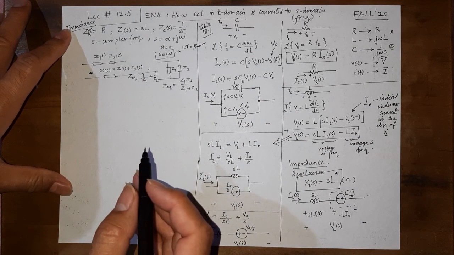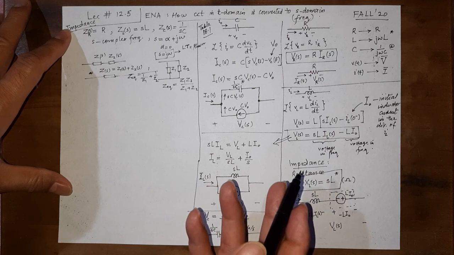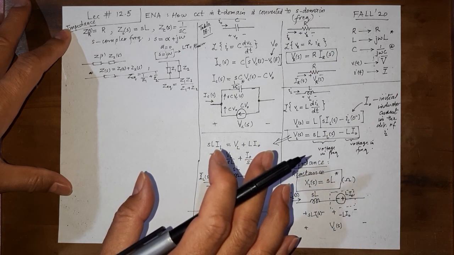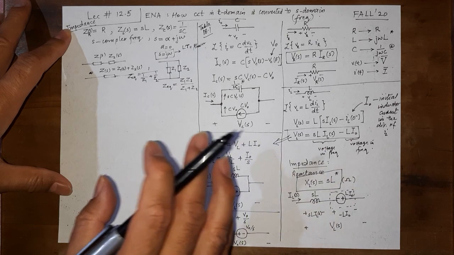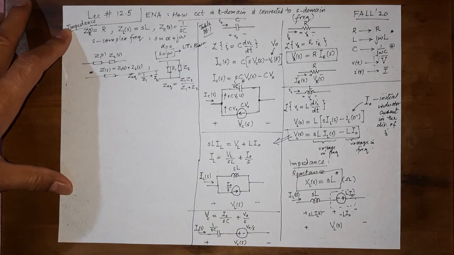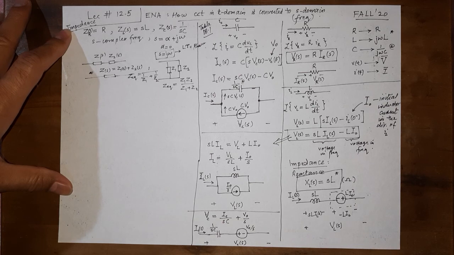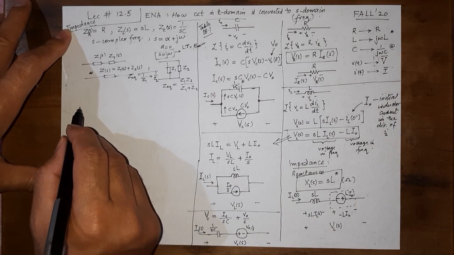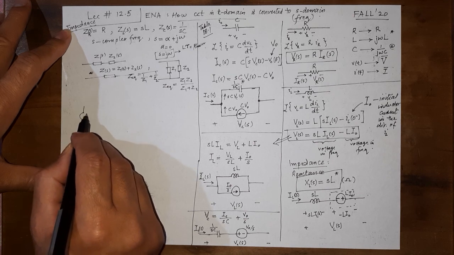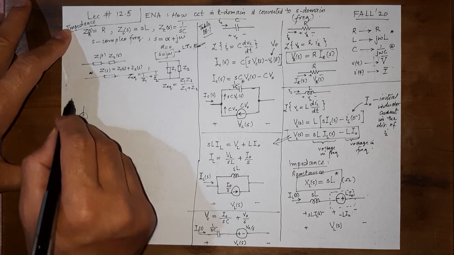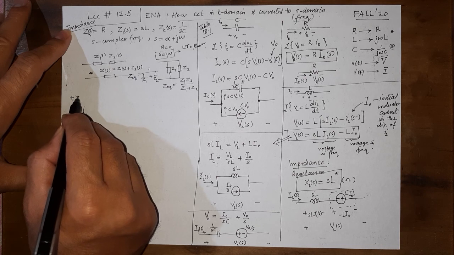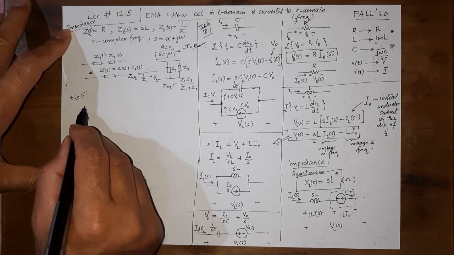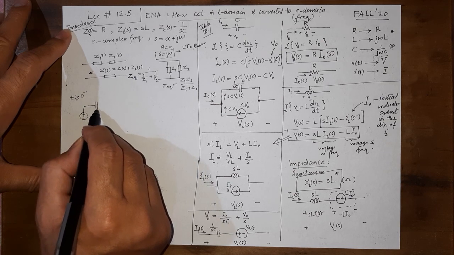So if this is understood and the table is provided, all you have to do, given a circuit in the time domain, is convert it. For example, let us look at the same circuit that we have encountered just now. Remember, we are only concerned for circuits that are for t greater than 0.